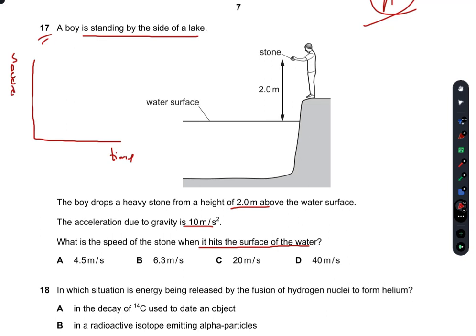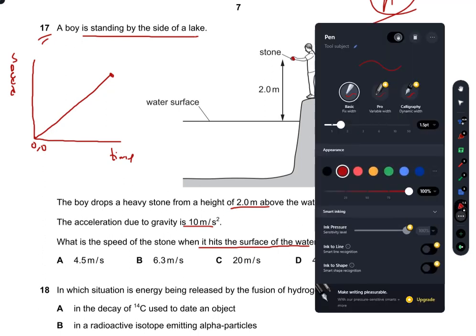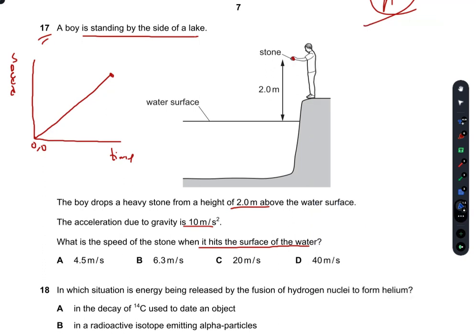The speed of this stone is definitely zero, and then it would start to increase until it reaches the water surface. So this is a right triangle, as you can see here.